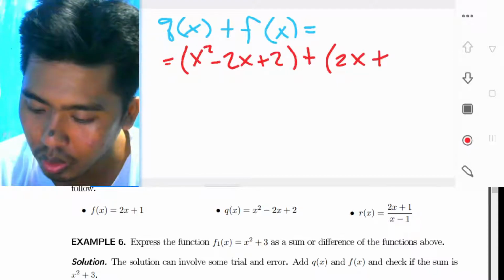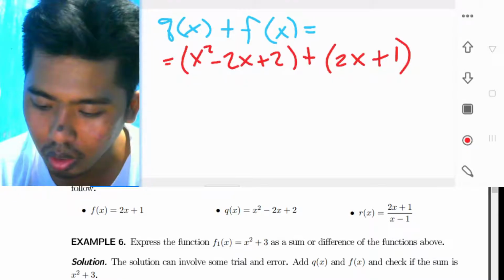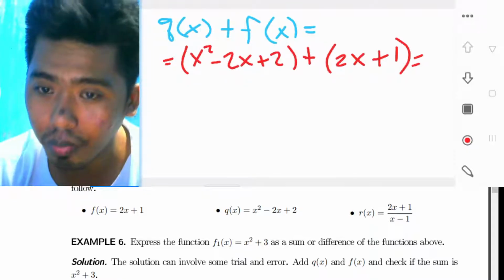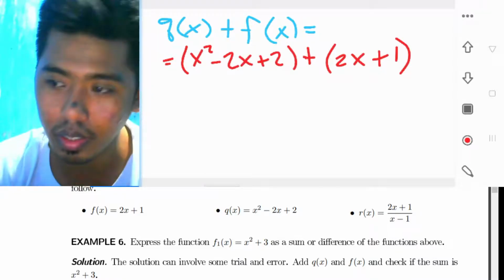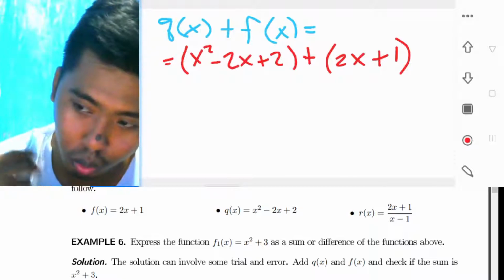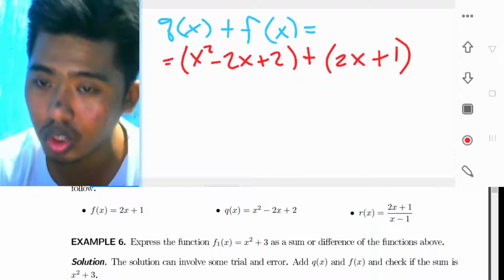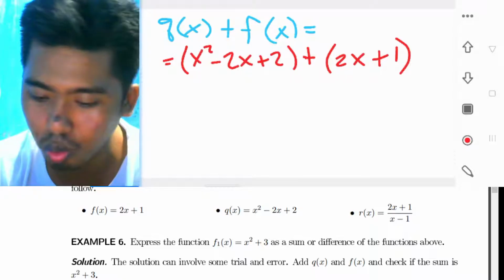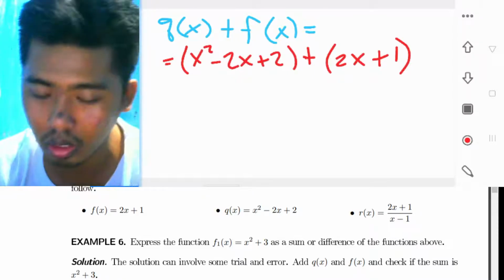Our main focus here is to make this x squared plus 3. As you can see in example number 6, it should become a sum or difference. So let's check it first in addition. If the answer is this one, then we don't need to proceed to the other one.